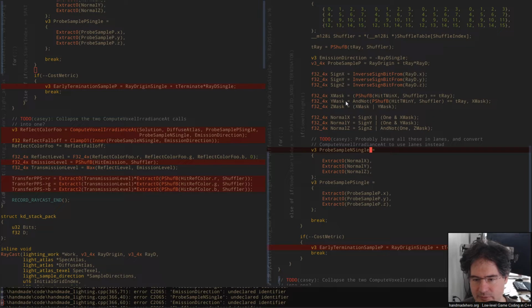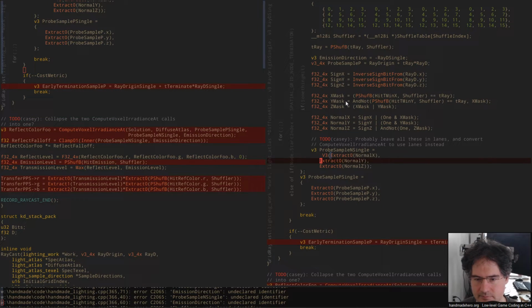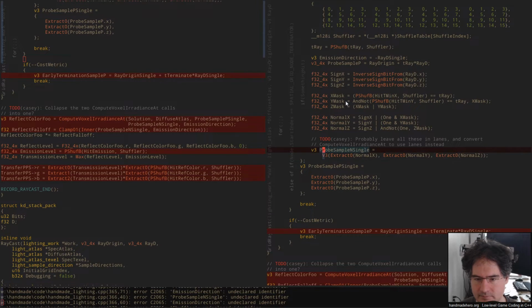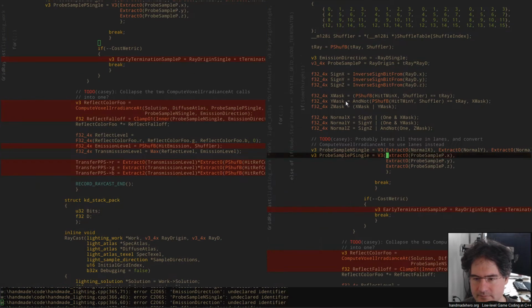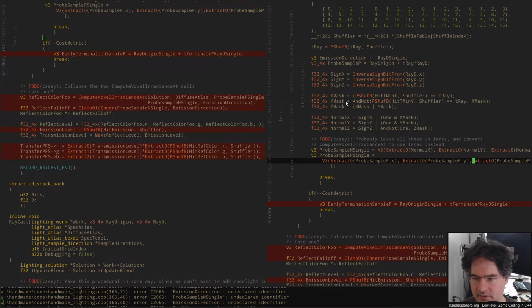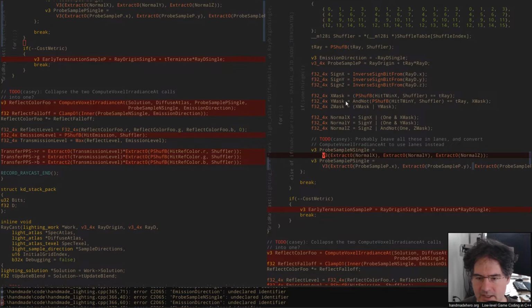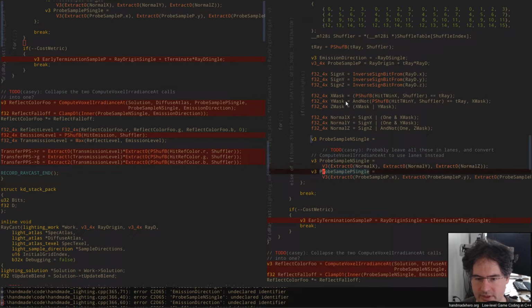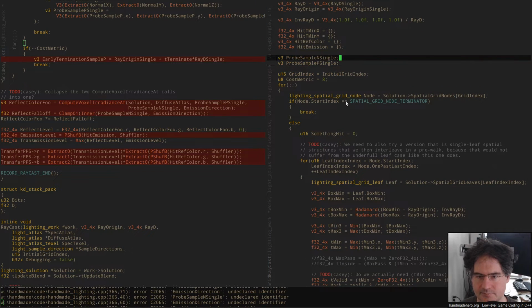So in the case of probe sample N single, this is what we've got at the moment. Probe sample P single, same thing. Now these two could be pulled out of this loop as exit parameters.